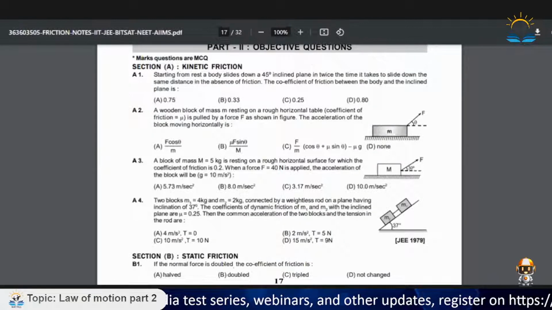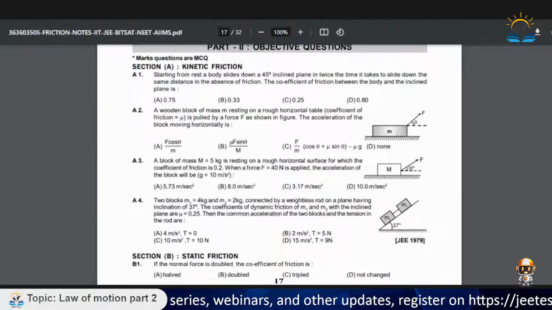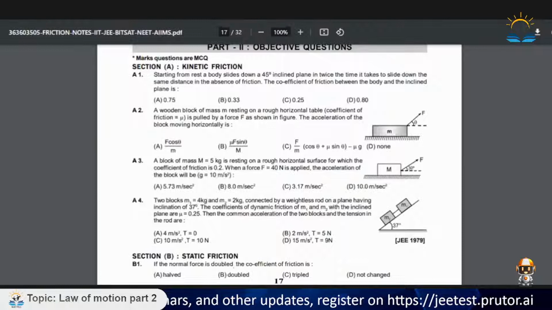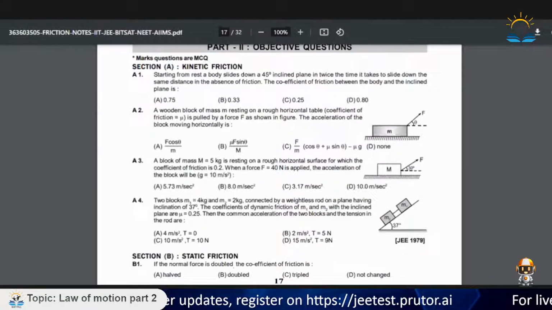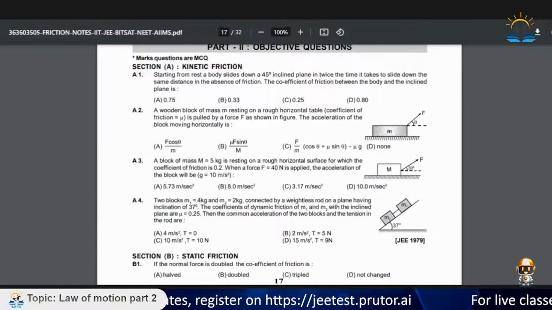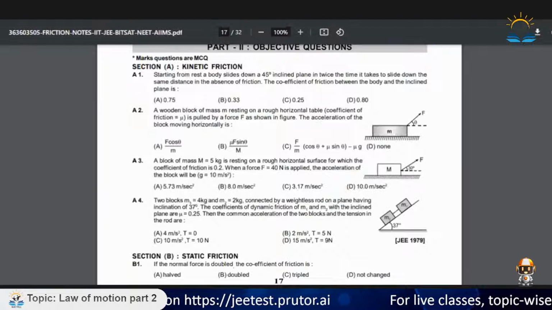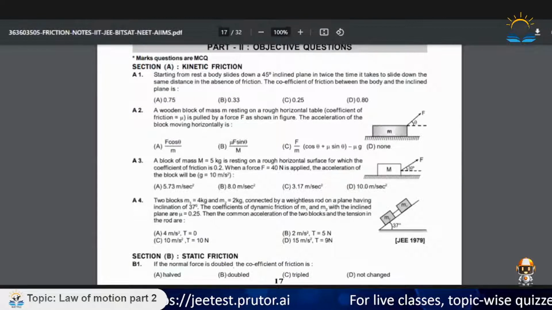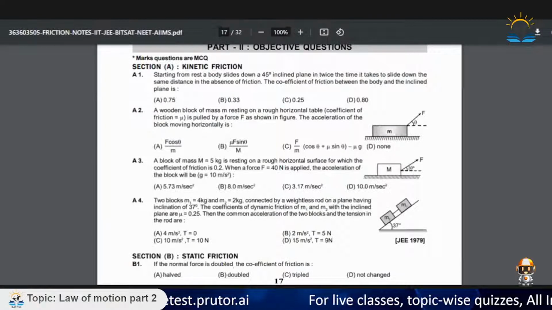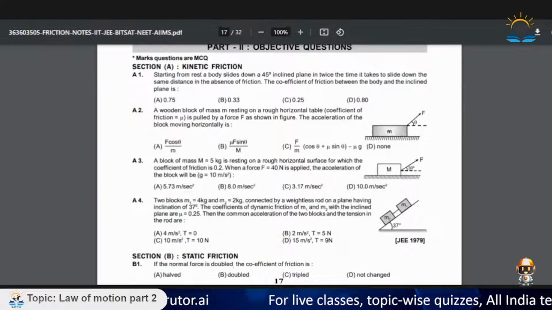They are asking us the coefficient of friction between the body and the inclined plane. Now let us say that this slant height is d, and this slant height is d again. We know the plane has an inclination of 45 degrees.